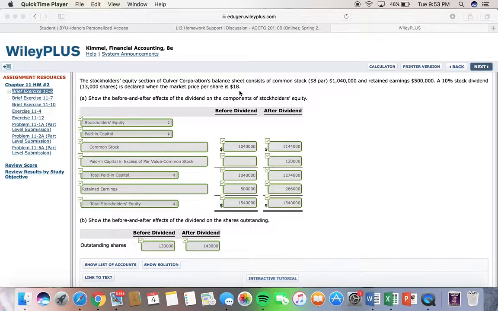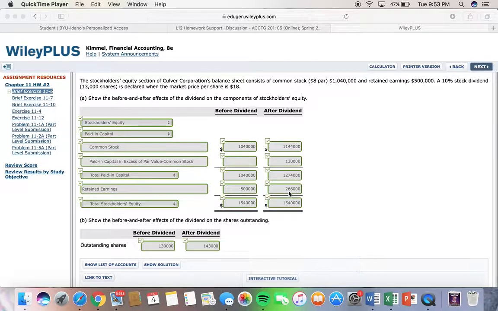Now we'll take the $500,000 of retained earnings and subtract the $234,000, which will give us a new retained earnings of $266,000. The reason we're subtracting is because we're using those retained earnings to give out dividends so that our stockholders are remaining happy, and that is why the retained earnings will decrease.